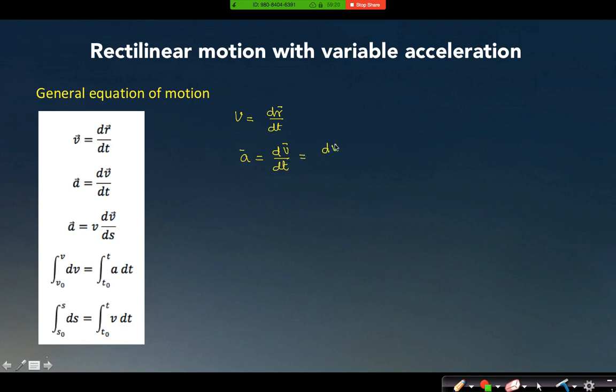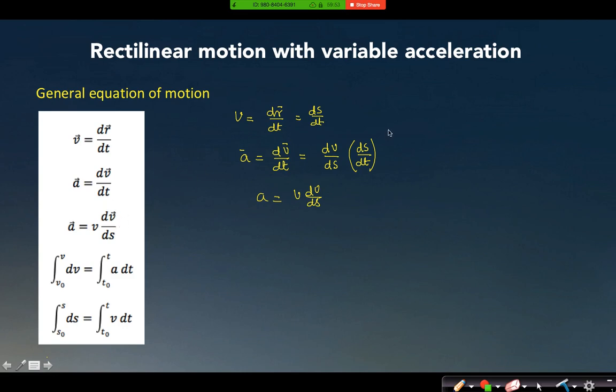We can say acceleration equal to dv by ds into ds by dt. You can do this type of modification with this differential forms, so that ds will get cancelled out and dv by dt will remain. So what is this ds by dt? Can you tell me what is this ds by dt again? V. So can I say that acceleration is nothing but v into dv by ds? That is the third equation that I have written here, right? Acceleration equal to v into dv by ds.